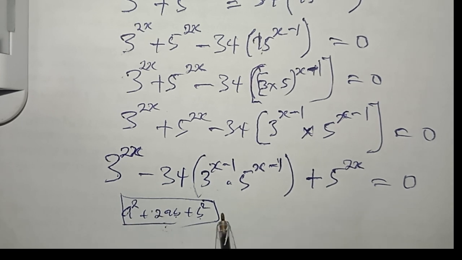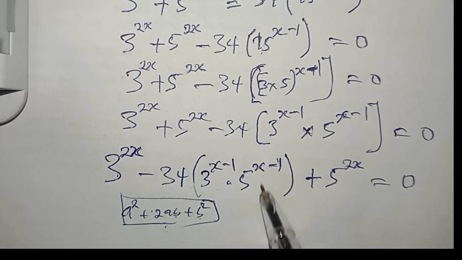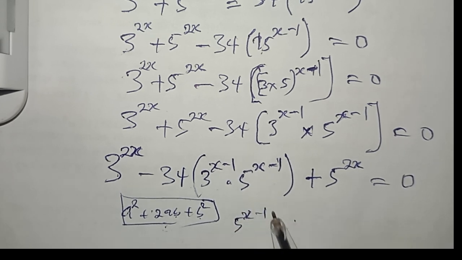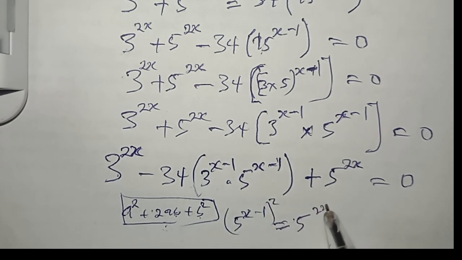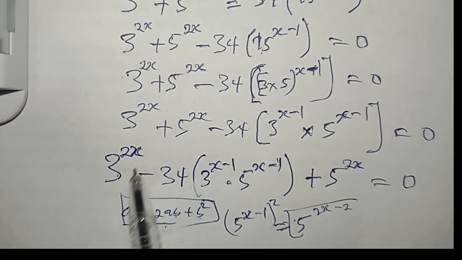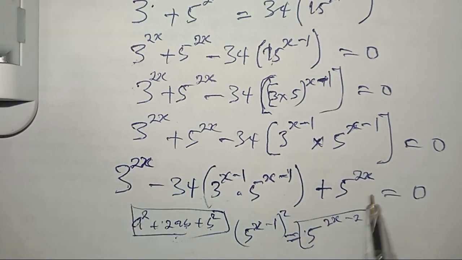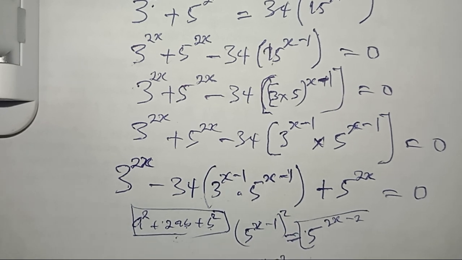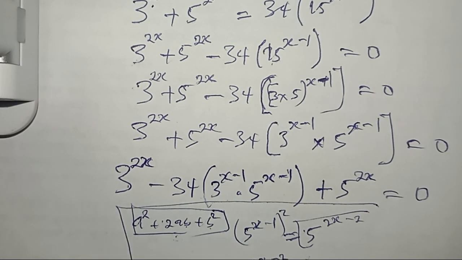Okay, so it is just pretty much simple, because if you square this 5^(x-1), what you're going to be having is 5^(2x-2). So this is what we want to have right here, and then on this term we want this term to be 3^(2x-2). Okay, so this is what we want to achieve.